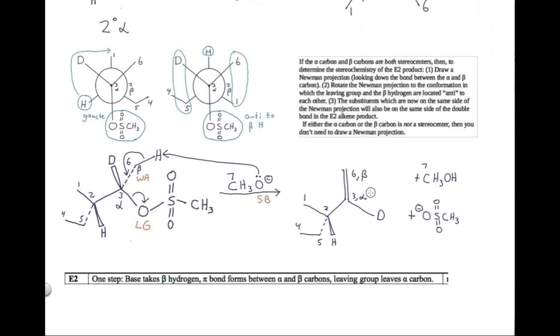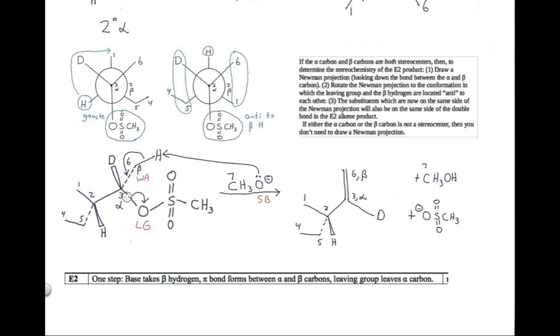So here's our product. Notice that in this picture, the bond between carbons 3 and 6 was a dash. But in this picture, it changed into solid lines, because the alkene carbons are trigonal planar. Since these carbons are now trigonal planar, all the bonds are now represented by solid lines, even though this bond was a dash in this picture.